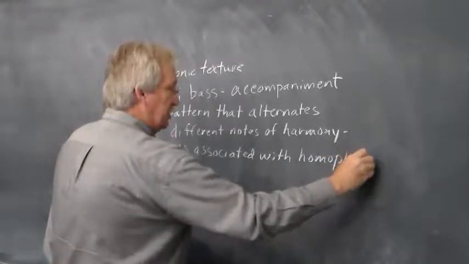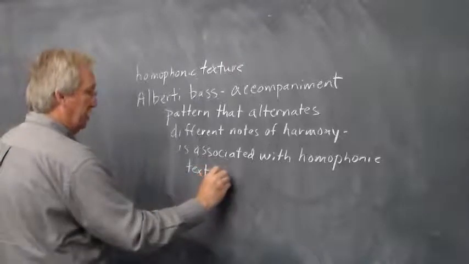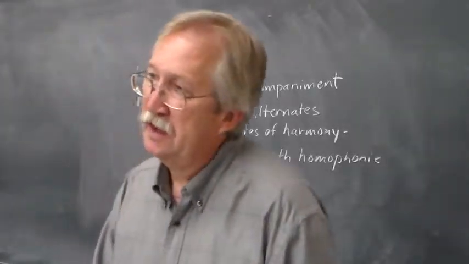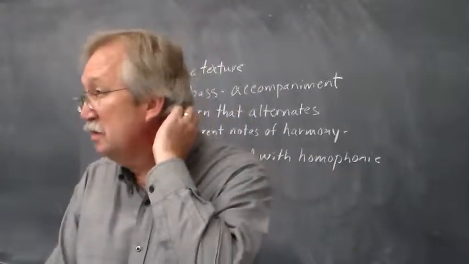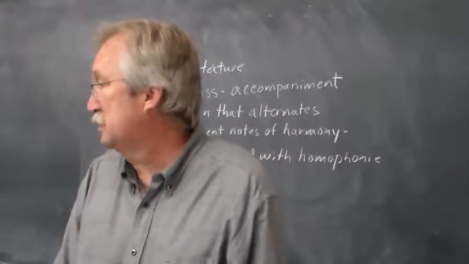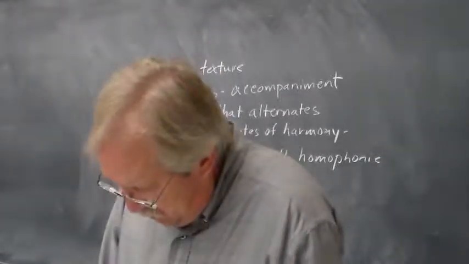So this is something that's associated with homophonic textures, and it was really popular in the classical period. So if I give you a work to write an essay about musical style, and you see this, you identify that it makes use of Alberti bass patterns, and this is something that would indicate a classical style. All right.